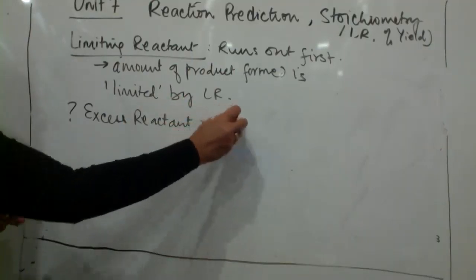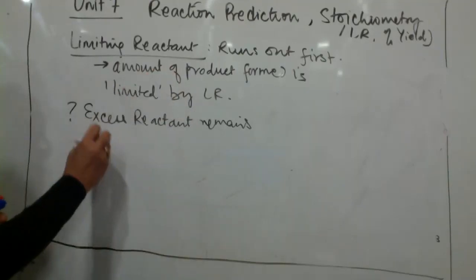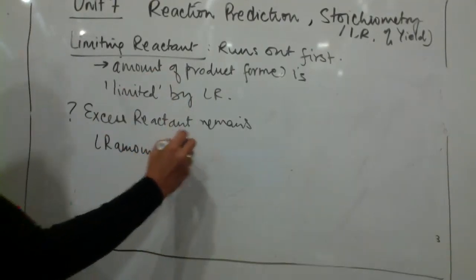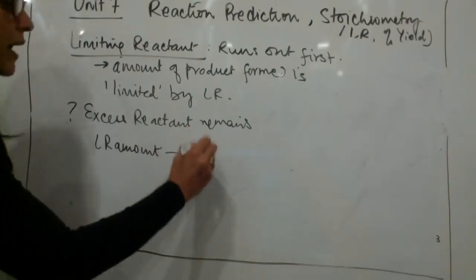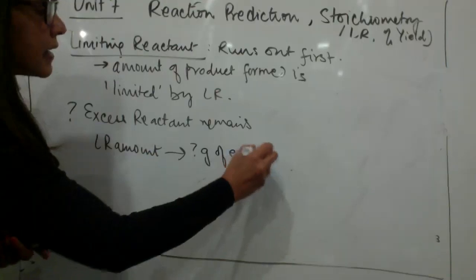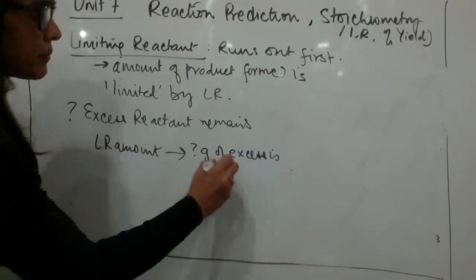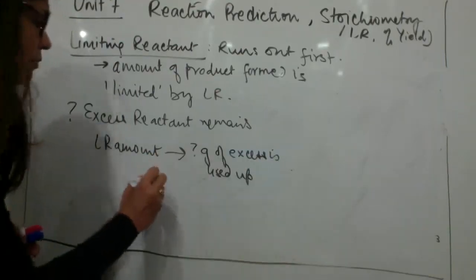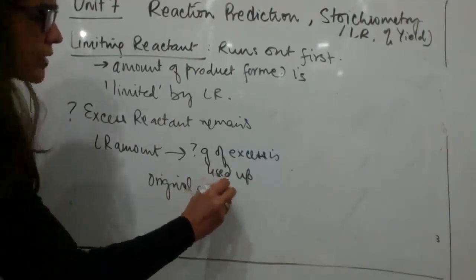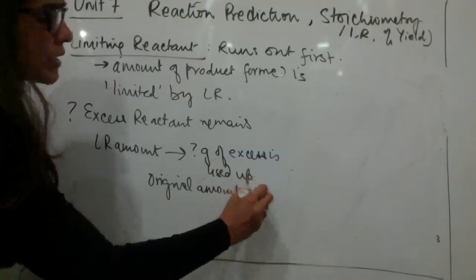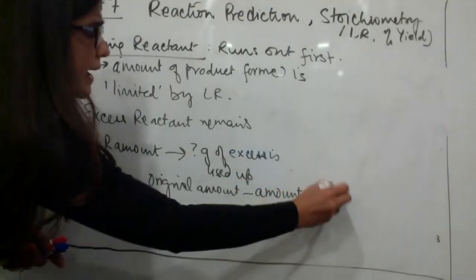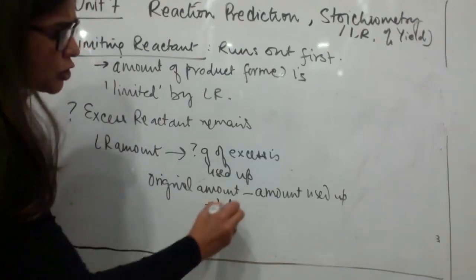And for that, you have to use limiting reactant amount, and using stoichiometry, figure out how many grams or how many moles of excess is used up. And then from original amount of excess reactant, subtract amount used up, and that gives you leftover.